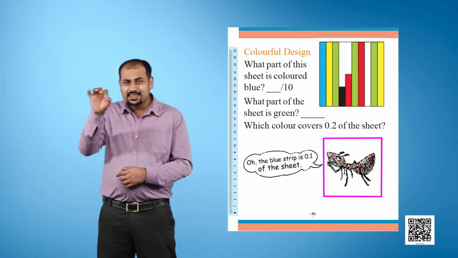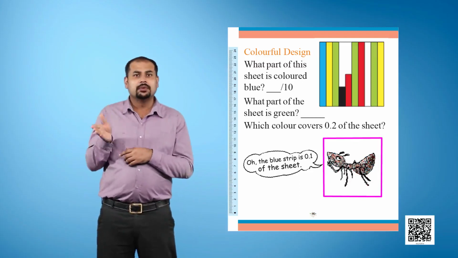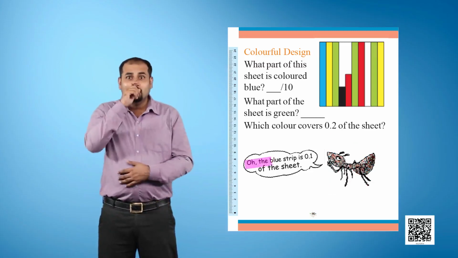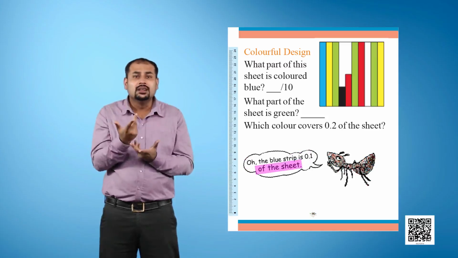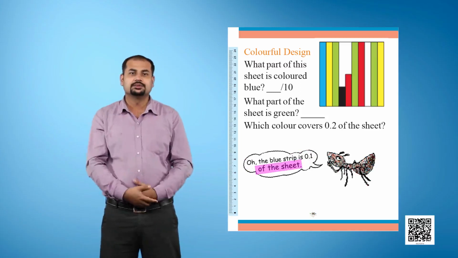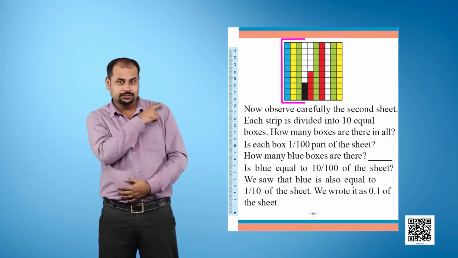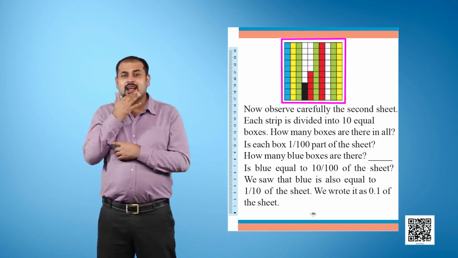Oh, we see the fly again that has come to help us, and she tells us, "Oh, the blue strip is 0.1 of the sheet." This is also having many stripes.